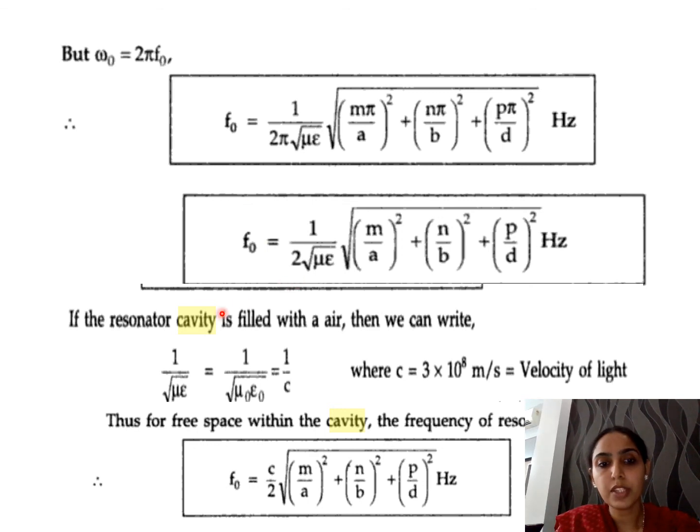Now if we assume the resonator cavity to be filled with air, then we can replace this 1 by root of mu 0 epsilon 0 as 1 by c. So the equation reduces as such. So for a free space within the cavity, the resonant frequency expression is given. This equation is very important. We have to remember this equation for solving the problems.